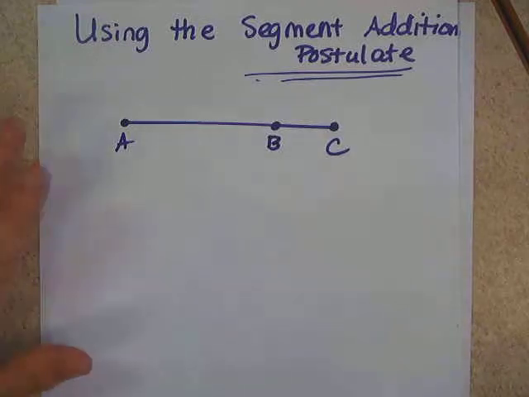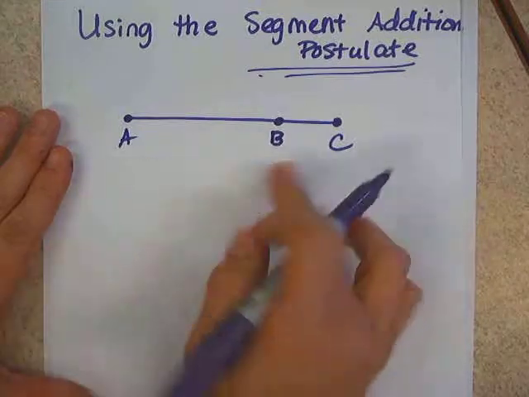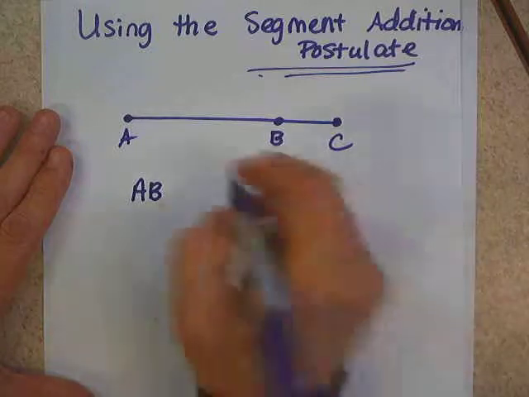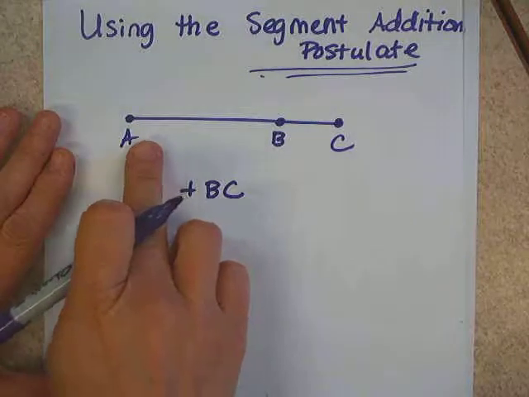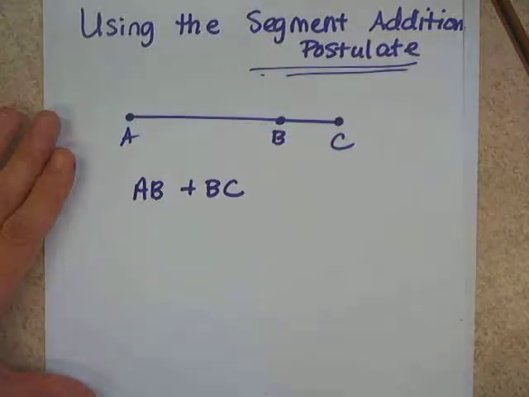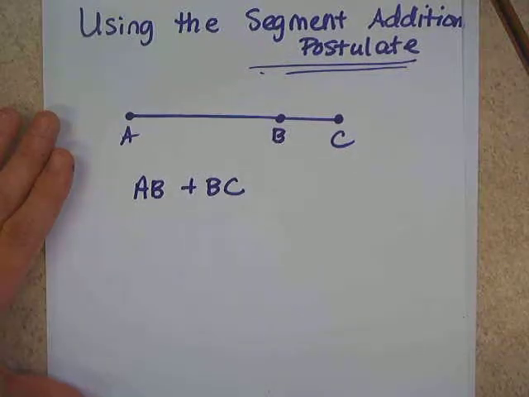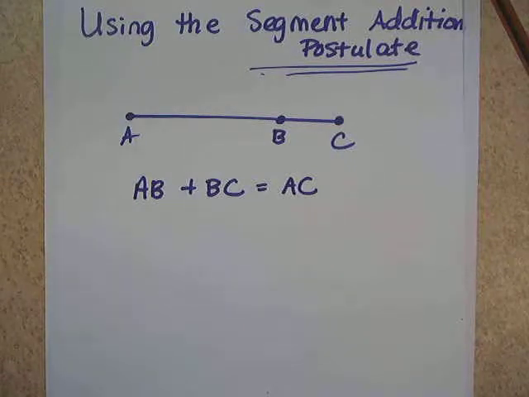But to put that in terms that we can use in an equation or substitute in for, we're going to say that AB plus BC should add up to what? AB and BC together make AC.